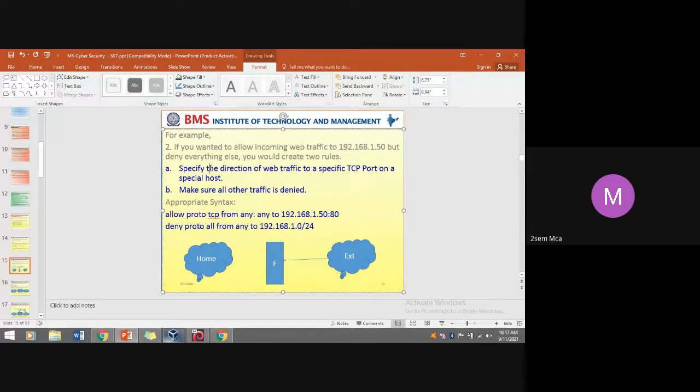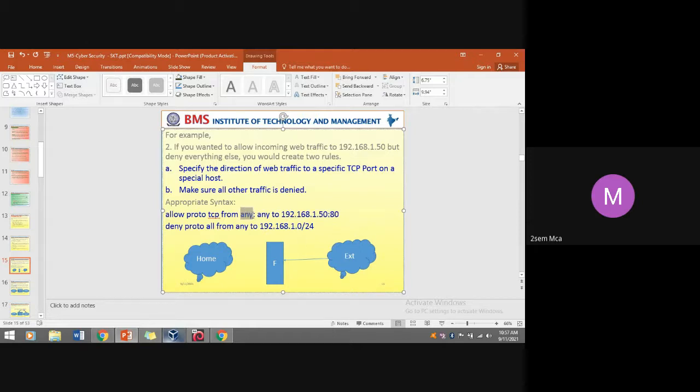The first rule specifies the direction of web traffic to a specific TCP port on a special host. Then the second rule makes sure all other traffic is denied. How to write the appropriate syntax? The action is allow, protocol is TCP, from any to this IP.